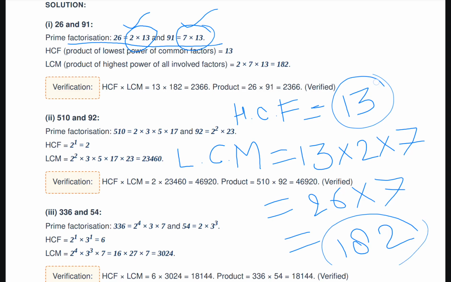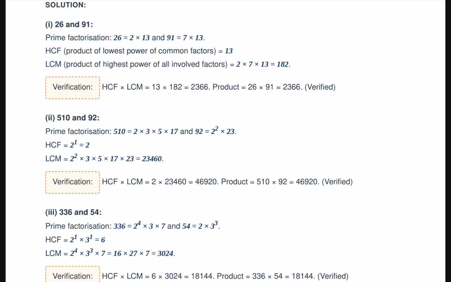Now you have got the HCF and you have got the LCM. Okay, and you know these two numbers are 26 and 91. Now what will you do? Now we will verify it. Is it right or is it wrong? So how will we verify it? Now let's see this.